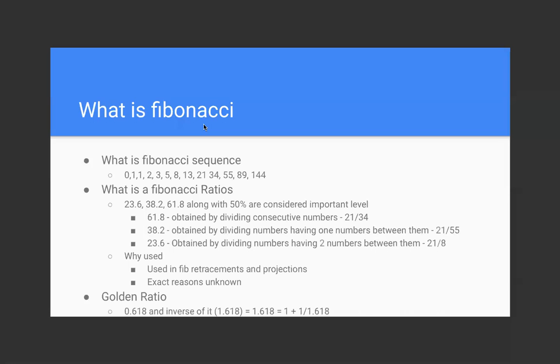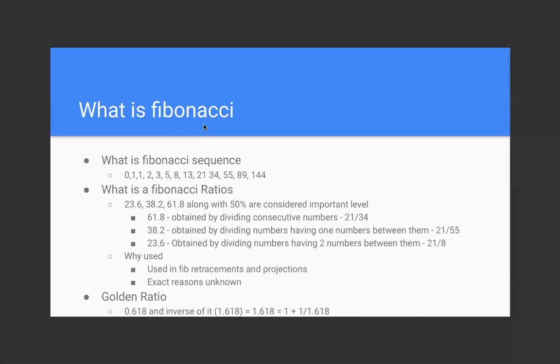Why is this so important? Because in the construction of buildings, they use this concept. Also, the 1.618 can be obtained from itself: if you do 1 plus 1 divided by 1.618, it will give you 1.618. And this is also used in mathematics, in geometric segments and those kinds of things.